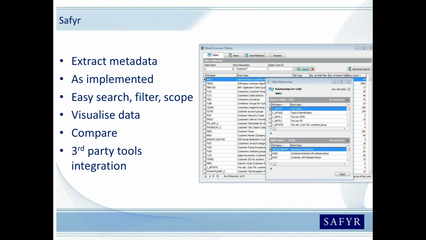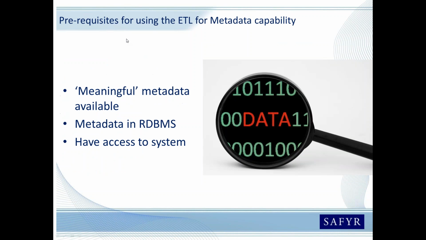You know, we only have this fixed set of interfaces to these large packages. So that's what instigated our development of what we call ETL for metadata. And this allows us, with a little bit of work, to address any package that's got a sufficient set of metadata in it.